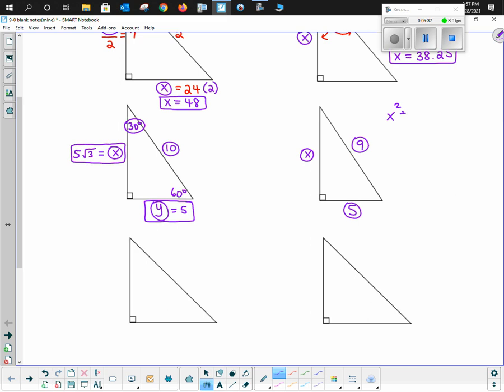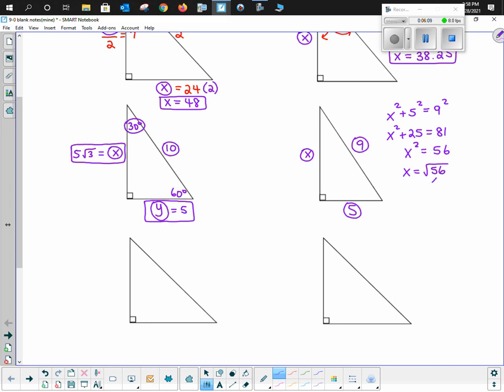Right? So x squared plus 5 squared equals 9 squared. Do the numbers with me. 25, 81. So if I subtract 25, x squared would equal 56. I need to find x, which is root 56. I've got to break that down, simplify it as much as possible.